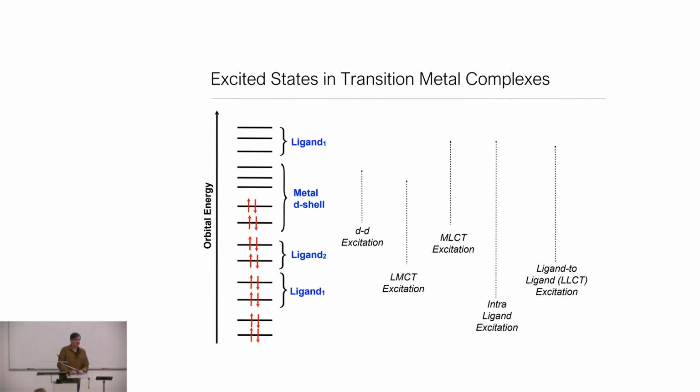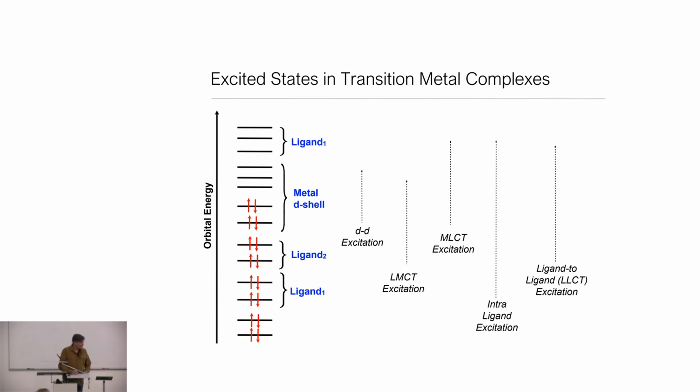That is very prominent. So in porphyrins, for example, most of the excitation spectrum that you see in a porphyrin is actually the intra-ligand excitations of the porphyrin ligand itself. But if you have several ligands, there are also ligand to ligand charge transfer transitions, and these are very prominent, for example, in metal radical assemblies.